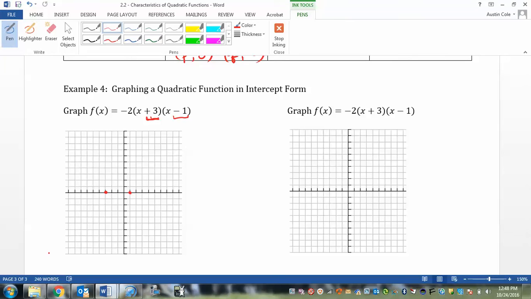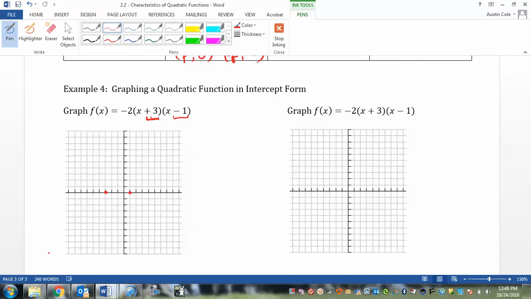Now, Mary Beth, is the graph going to open up or open down? Down. It's going to open down, right? So, we know to be true that a parabola is going to have an axis of symmetry. Would you guys agree with me? Now, where is the axis of symmetry going to be located relative to those 2 points? Cole? Middle.